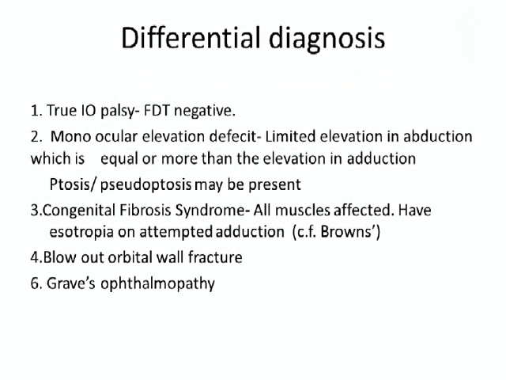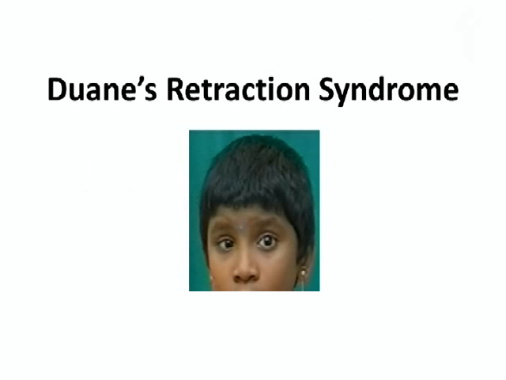For differential diagnosis, it could be a true inferior oblique palsy, and how to differentiate this would be by the force duction test. The force duction test will be negative in case of true inferior oblique palsy. A monocular elevation deficit, congenital fibrosis syndrome, a blowout fracture, or Graves' ophthalmopathy can also be differential diagnoses.